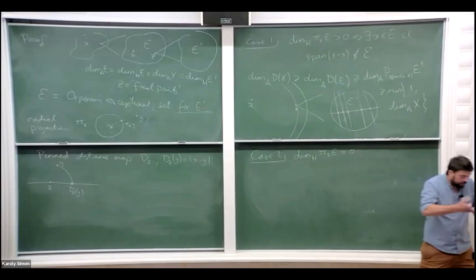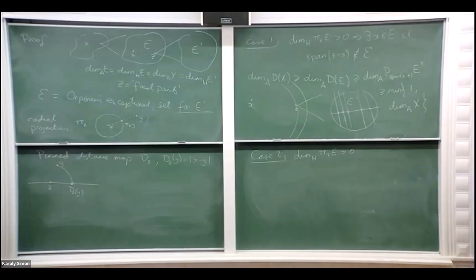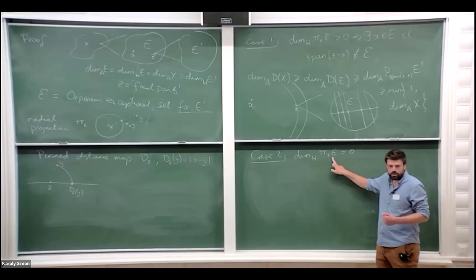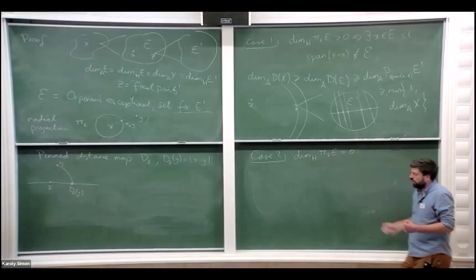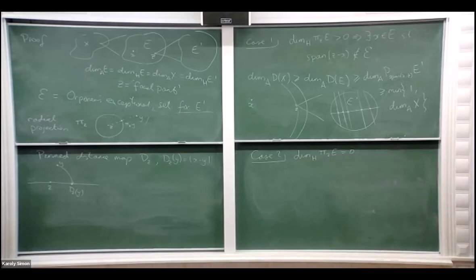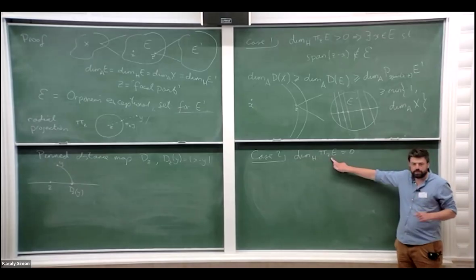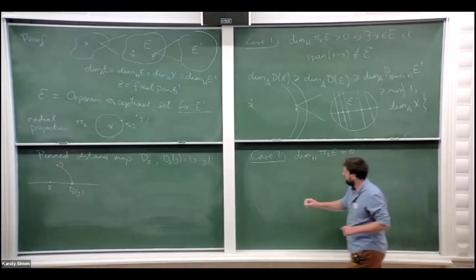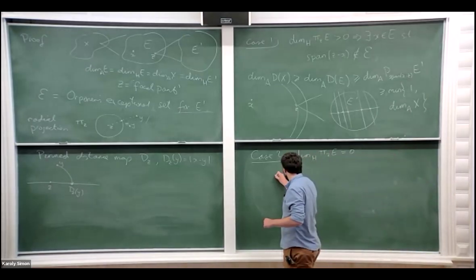Right, so now perhaps all of the directions witnessed from Z are exceptions to Orponen's theorem. That's the situation I'm in. So now I have to make the gain by using the fact that the Hausdorff dimension of this radial projection is extremely small. So what I'm going to do is rebuild the set E from the radial projection and the pinned distance map. So here, let me write something and then explain what it means.